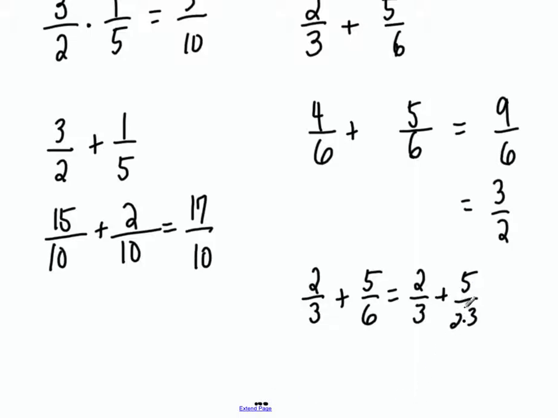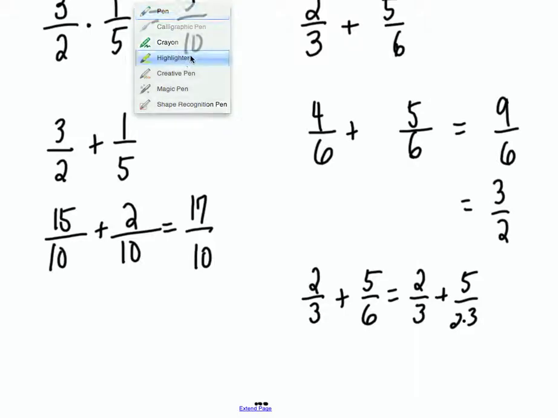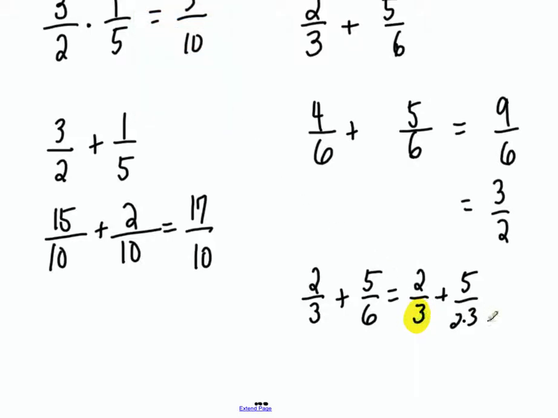Do you see how the 2 and the 3 make a 6 when I multiply? And then here, I have a 3 and I have a 3. So my LCD would contain only one 3. Why? Because if it already has it in it, then it's already a multiple of that number.